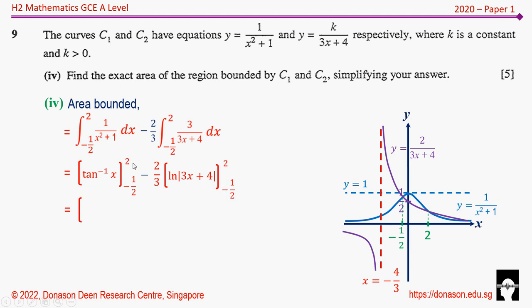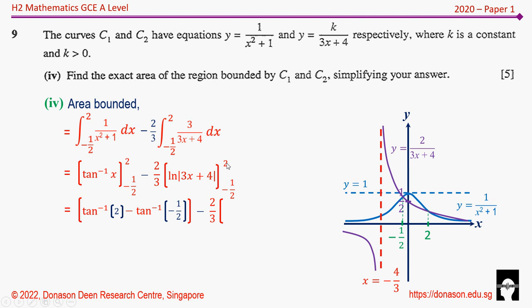So now let's plug in the limits, since we have already integrated. This is going to become arctangent of the upper limit, which is 2, and then we're going to minus away the arctangent of the lower limit, which is a negative half. So there we have evaluated the first integral. Now we have got a minus and then a 2/3.